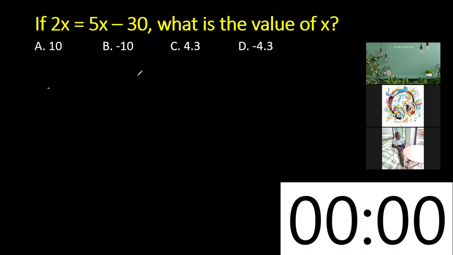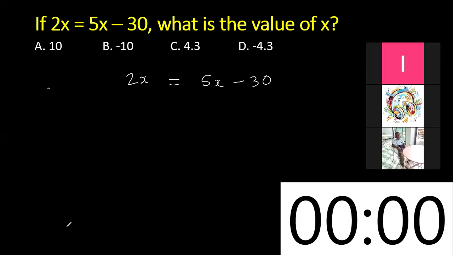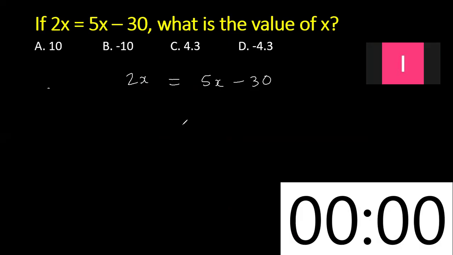Okay, understood. Let's do it again. I'll try to explain it one more time. You can either shift the 5x to the left hand side, or else you can shift the 2x to the other side. So let's do shifting the 5x.